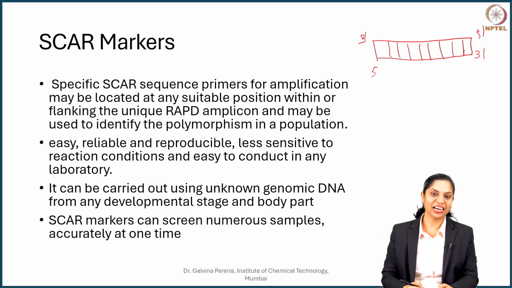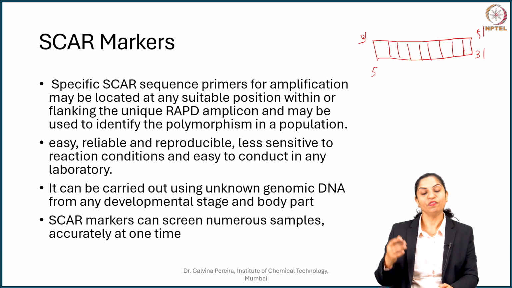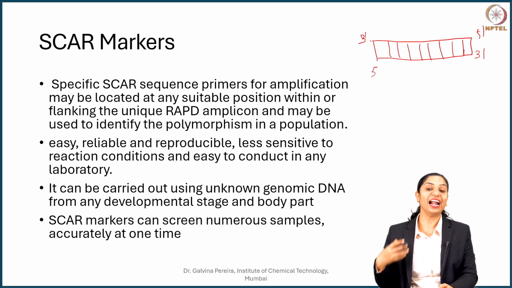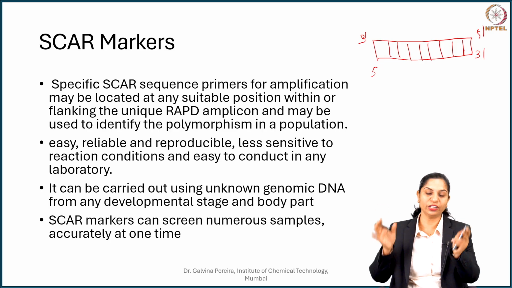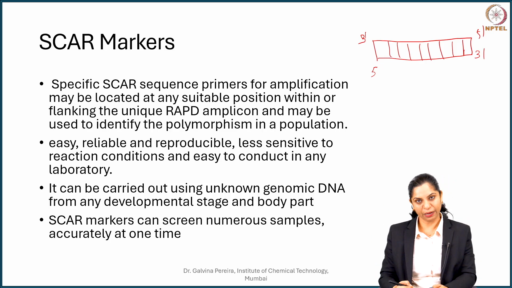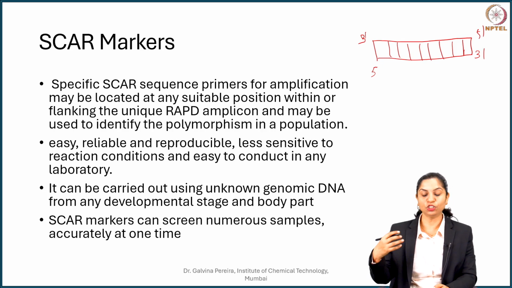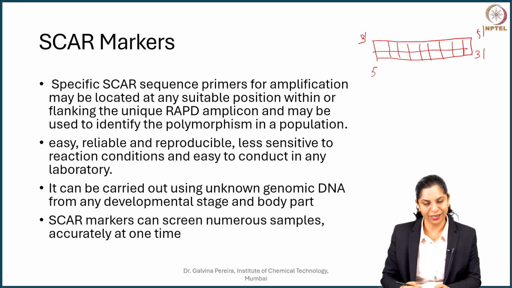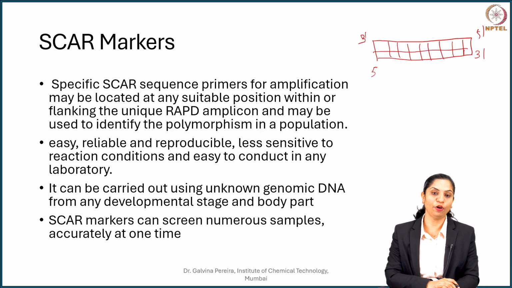So SCAR stands for sequence characterized amplified region, the region which you have randomly amplified within the flanking regions or cutting regions using the RAPD technique, the rapidly amplified polymorphic DNA region. And if the sequence of this DNA is known for your plant, you can easily use it for markers.